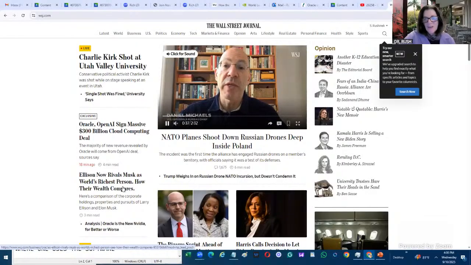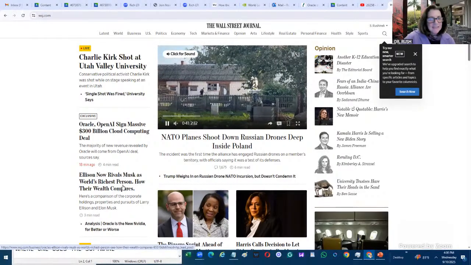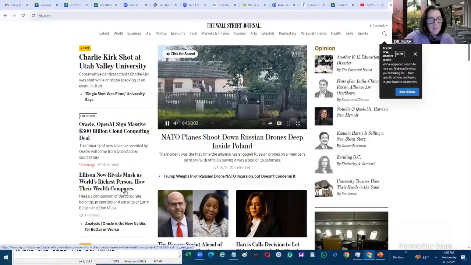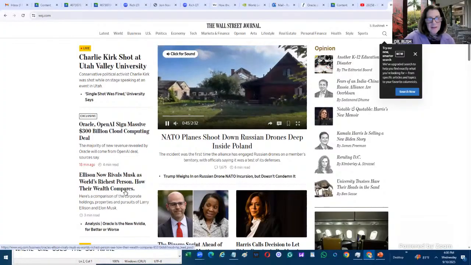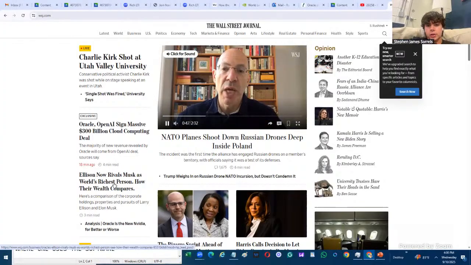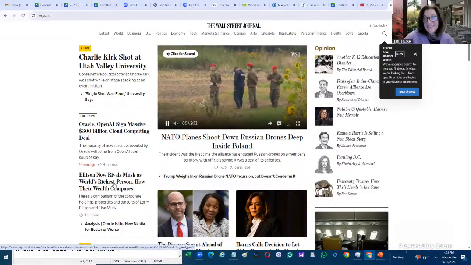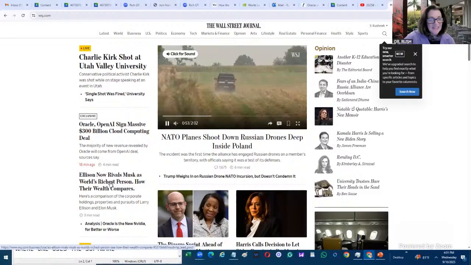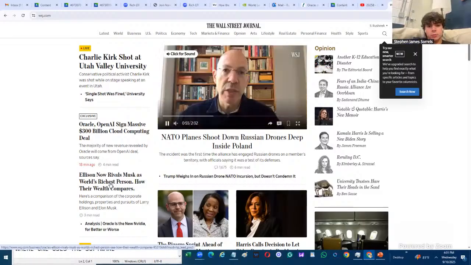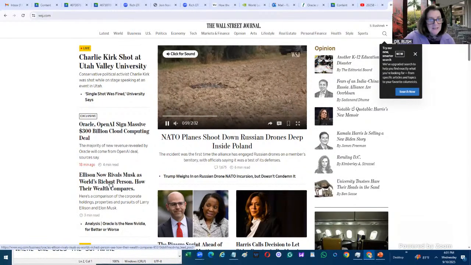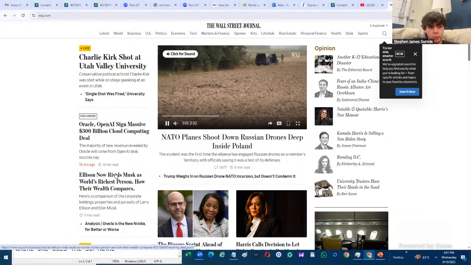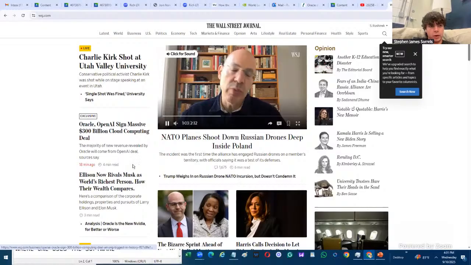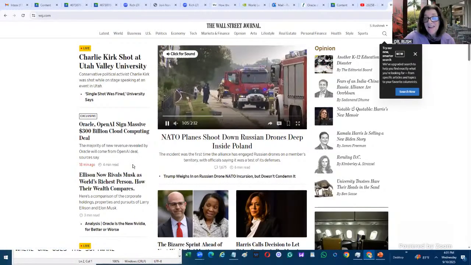Who do you think, George, is Ellison? You see this article? Ellison now rivals Musk as the world's richest person, how their wealth compares. I guess he's probably the CEO of Oracle or the creator. It basically is. And their stock price went up to 328. I can't tell the percentage, but it's a lot. It went up about $100.